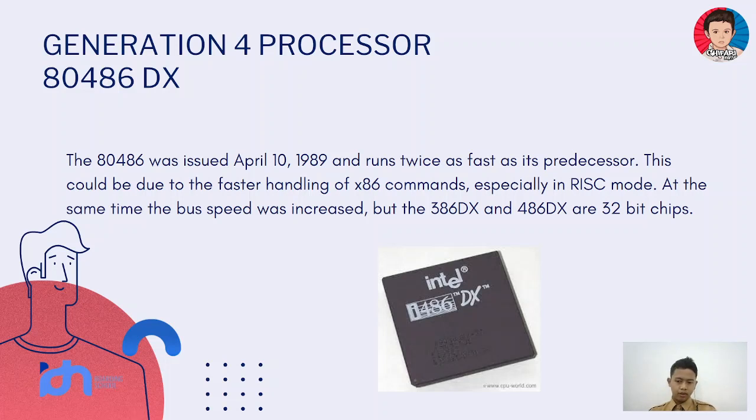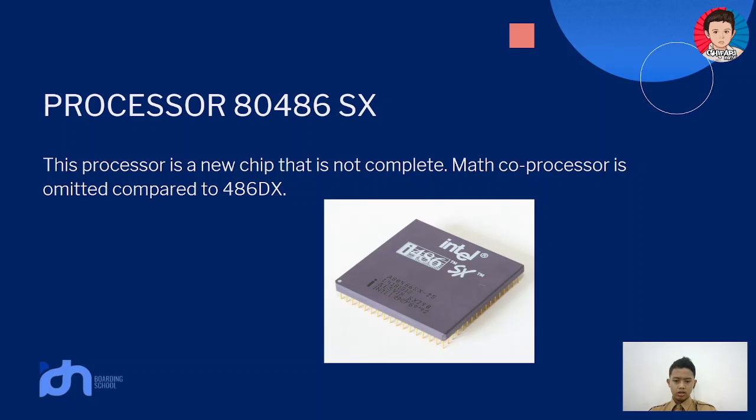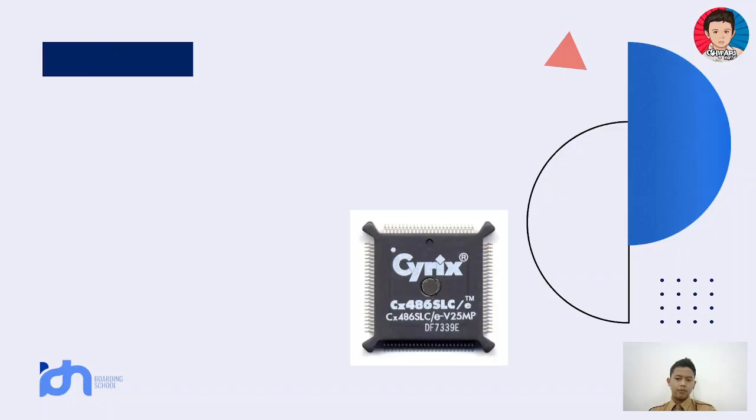At the same time, the bus speed was increased, but the 386DX and 486DX are 32-bit chips. And the next, processor 80486SX. This processor is a new chip that is not complete. Much of the core processor is omitted compared to the 486DX.